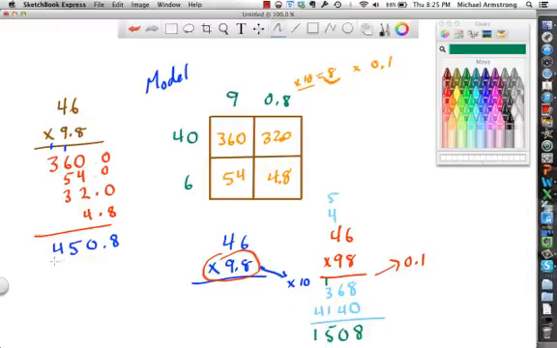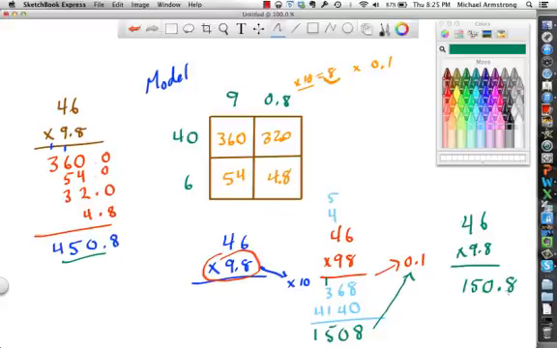Now see, this doesn't quite match with this yet, but it will when we multiply. Actually, I guess it should be this one as times. Multiply this one times 0.1 so that it's back in the format of 46 times 9.8 equals 150.8.